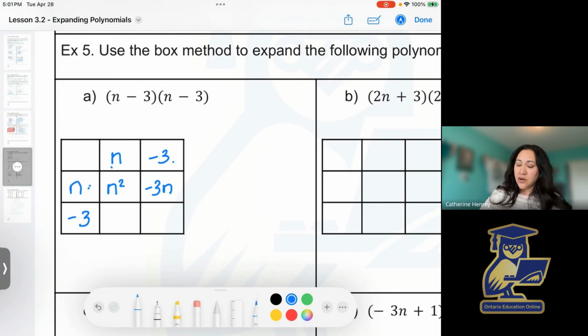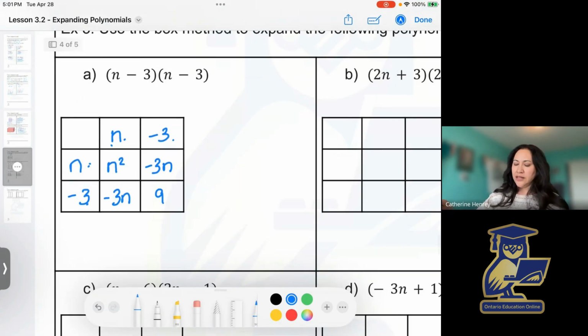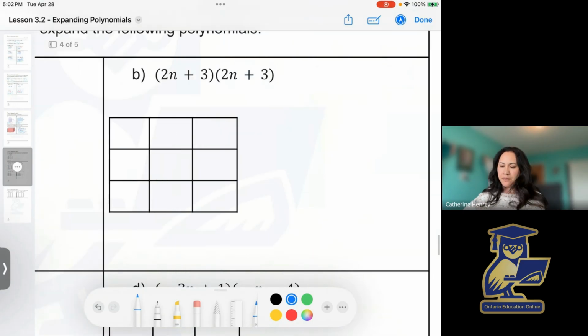Then in the next row, n times negative 3 is negative 3n. And negative 3 times negative 3 is 9. So what we do here is we just collect our like terms. We have a negative 3n and a negative 3n, and I collect them right off the bat. So that is n squared minus 6n, and then we have a positive 9.